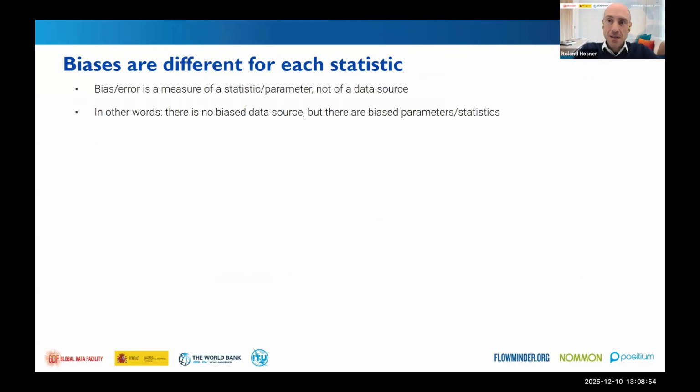What is generally meant is that the parameters derived by using these data sources, certain variables, will be biased. But it is often the case that a data source may include an unbiased estimate of one statistic and a biased estimate of another statistic. So this really needs to be assessed by parameter or by outcome statistic.